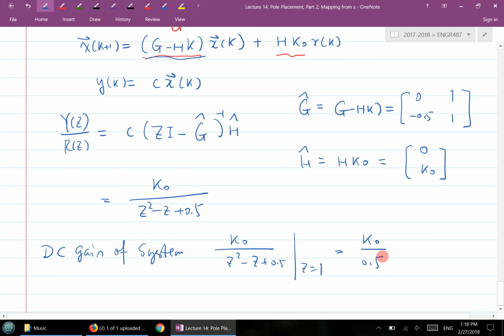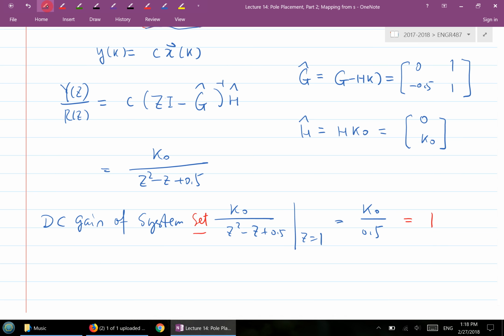This DC gain needs to be 1, so set it equal to 1. Then K naught can be easily solved: 0.5.